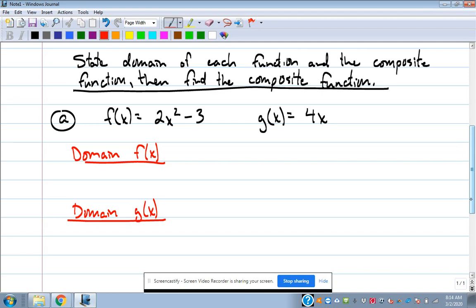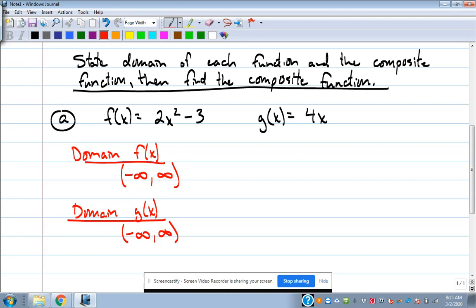All right, so we look at function f of x. Does it have any of those red flags? No. So what's its domain? All real numbers, negative infinity to positive infinity. We look at g of x. Does it have any of those red flags? No. So its domain is from negative infinity to positive infinity.